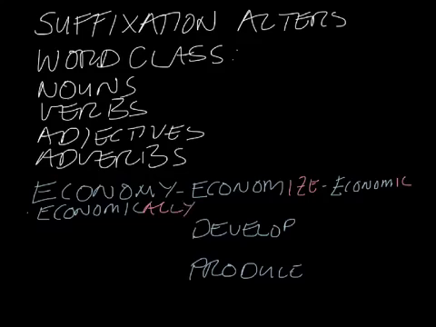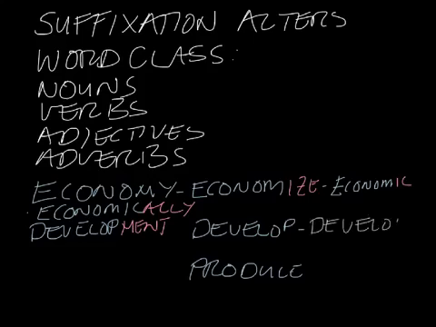Develop, adding the suffix ment, we have the noun. By adding the suffix ed, we have developed. We have an adjective. In this case, it's not possible to create an adverb. Not always possible.